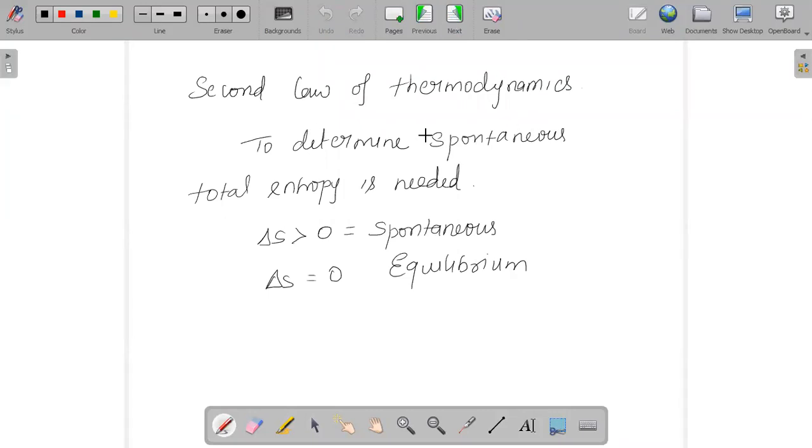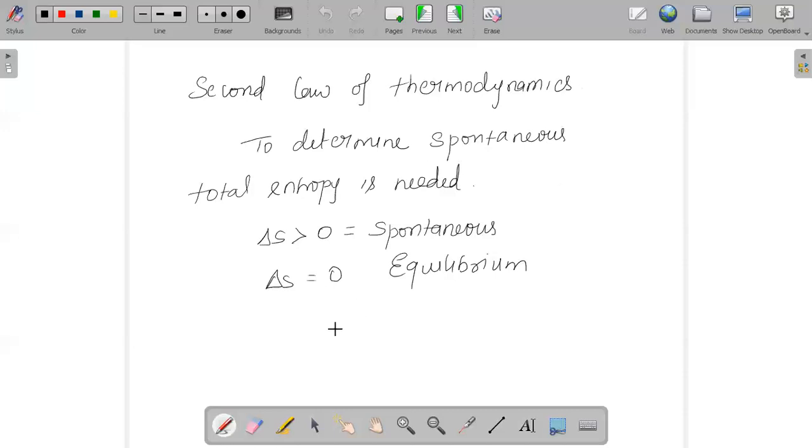And now, the second law of thermodynamics. The second law of thermodynamics is used to determine the spontaneity of a reaction. When they ask about spontaneity, they may give some options and ask you to choose which reaction is spontaneous or non-spontaneous, or what the conditions are for a reaction to be spontaneous.